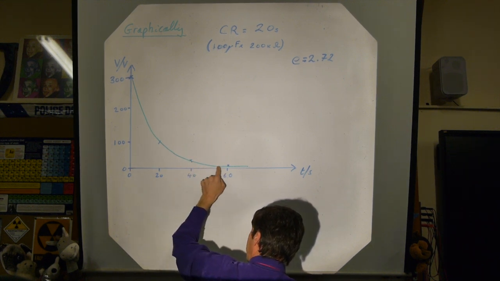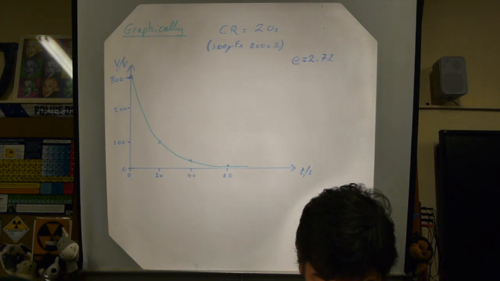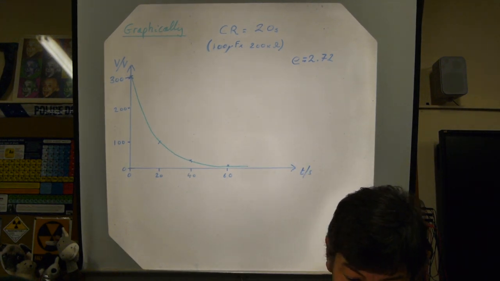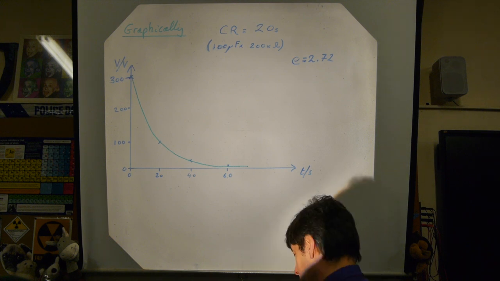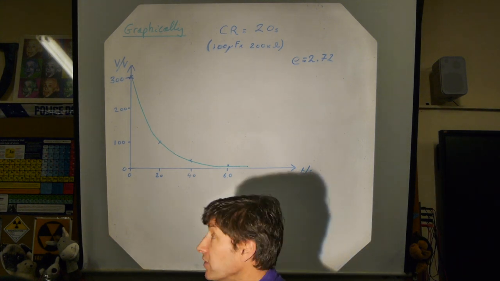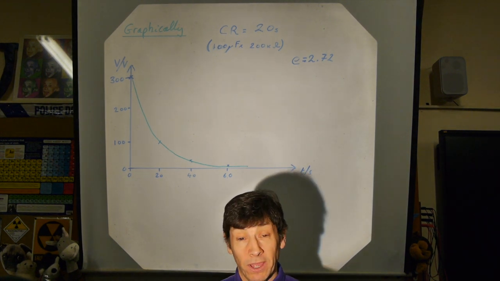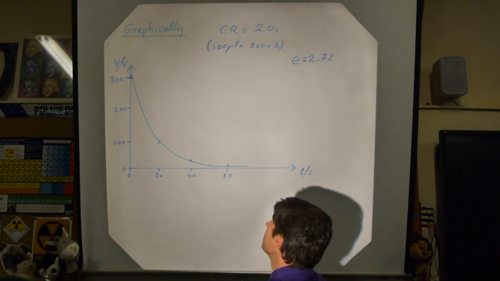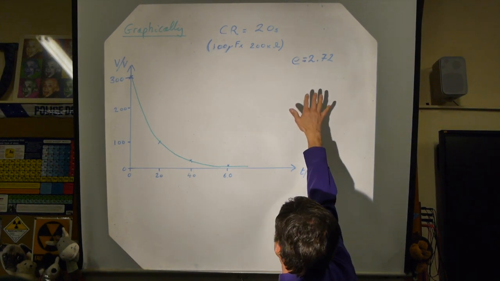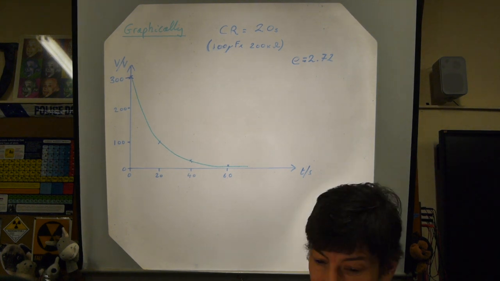Now I've used a rule of thumb, something that engineers are good at and mathsy people don't do quite so well. The rule of thumb here is, 1/e is 1/2.72. And I don't know what that is in my head, but I do know that it's almost 1/2.7, 1/3. It's almost a third.